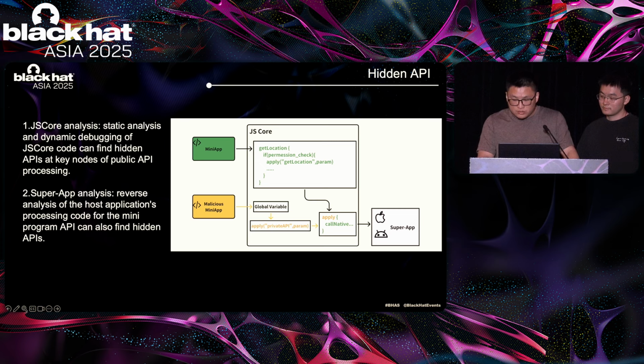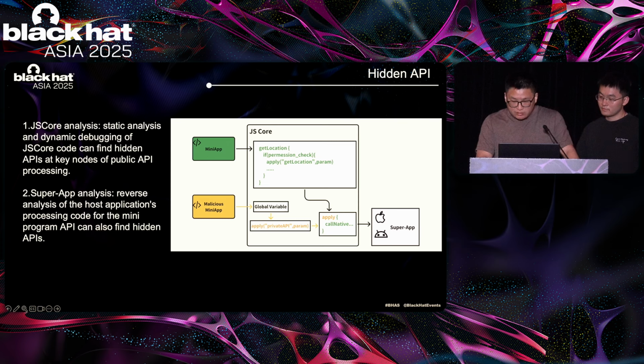The second method is app reversal, which involves reversing the super app's code responsible for handling mini app API logic. Because regardless of how mini app APIs are invoked, finally, the call will interact with the native layer. Although starting analysis from the native layer can be more complex, it remains the most comprehensive and reliable method for uncovering all hidden APIs.